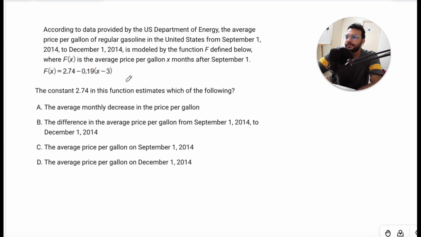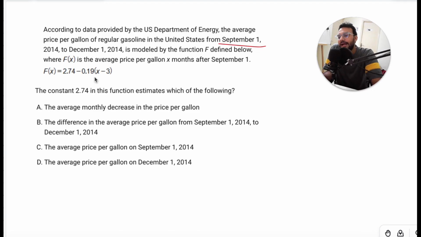Okay, so the average price per gallon of regular gasoline in the United States, beginning September 1: September, October, November, December. It's modeled basically for 4 months. Okay, and where f of x is the average price per gallon x months after September 1.